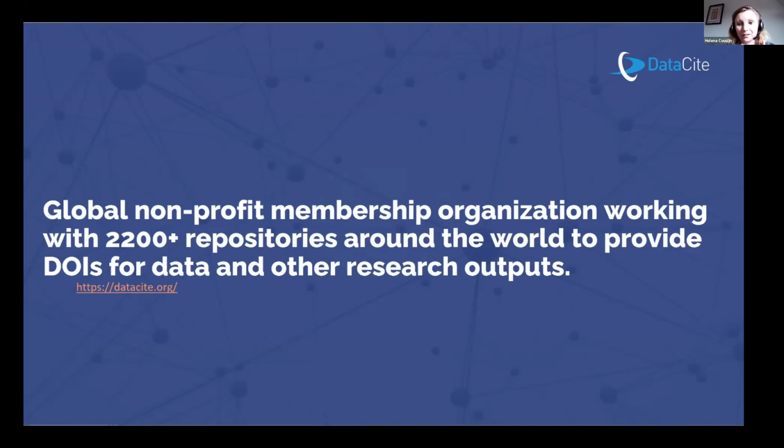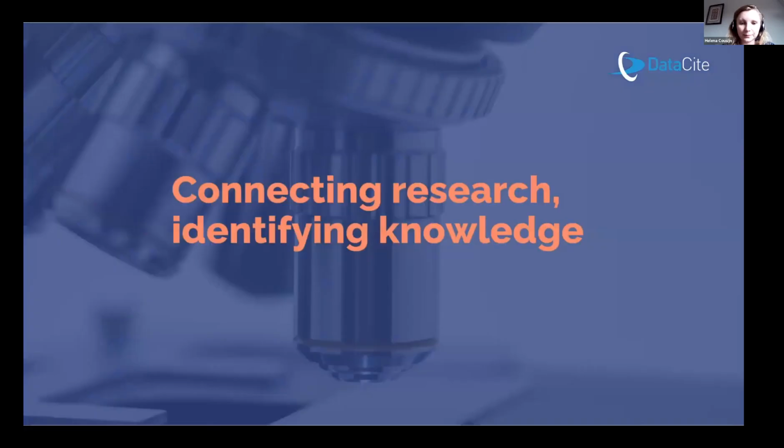And as I guess you can tell from the name, DataCite was founded because there was a need for persistent identifiers for research data, but over time that has expanded. And so now our members also register DOIs for other types of research outputs that sit in repositories, often in institutional repositories. And our vision is to connect research to identify knowledge through persistent identifiers.